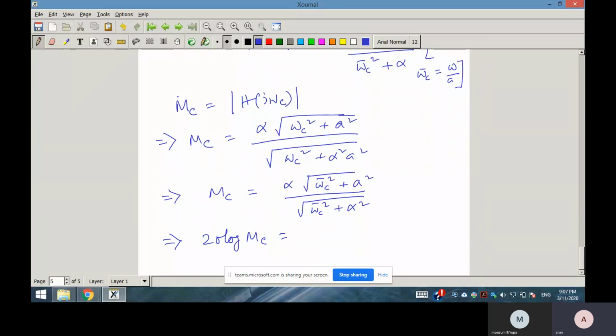Well, I should not use Mc here because Mc I have considered in dB. 20 log of Mc bar, this is the gain. 20 log of Mc bar is equal to 20 log of alpha root omega c bar square plus A square divided by root under omega c bar square plus alpha square.